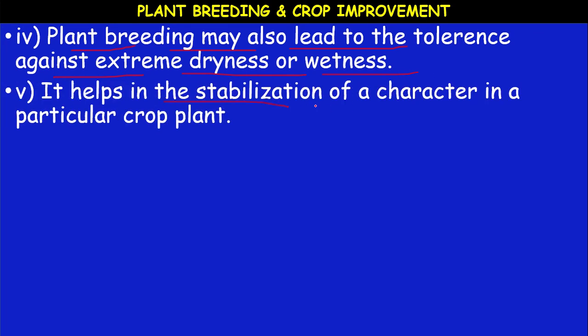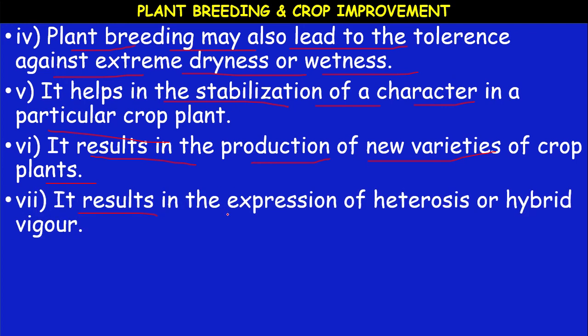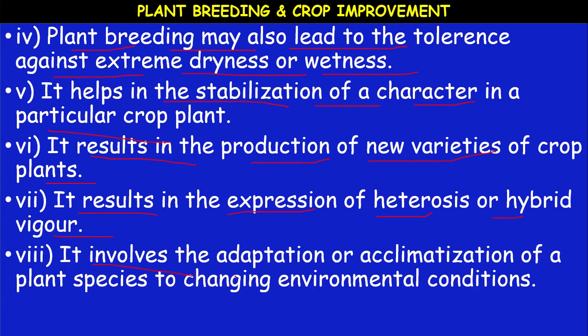It helps in stabilization of characters in a particular crop plant. It results in the production of new varieties of crop plants, and in the expression of heterosis or hybrid vigor. It involves the adaptation or acclimatization of a plant species to changing environmental conditions.